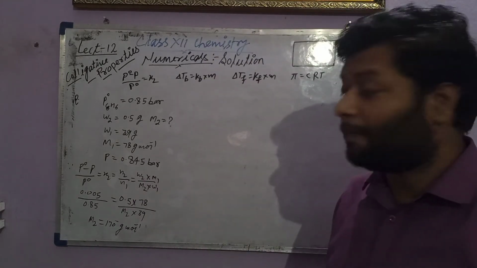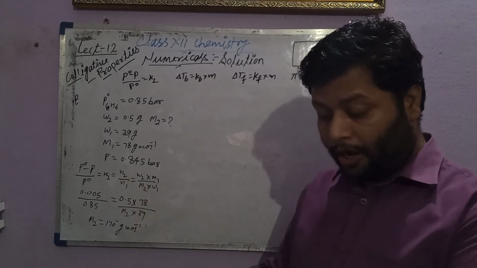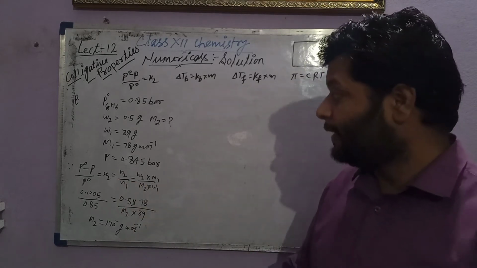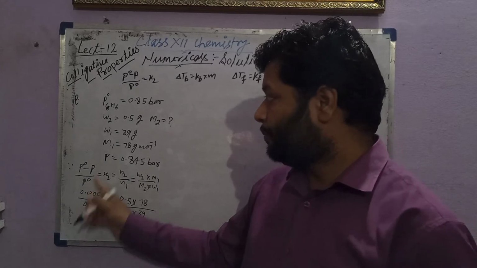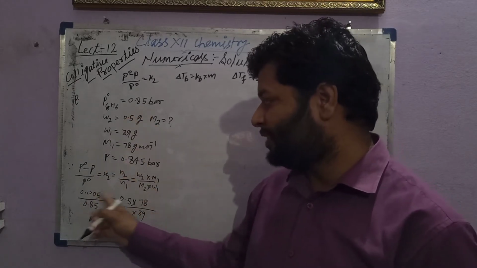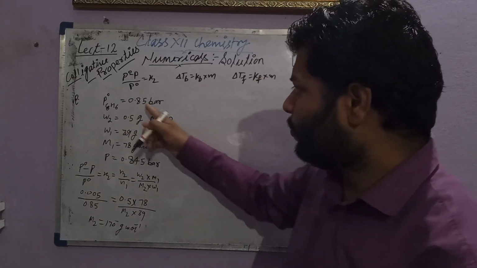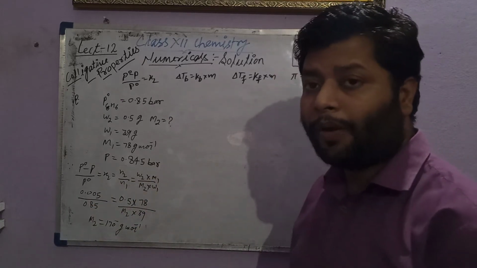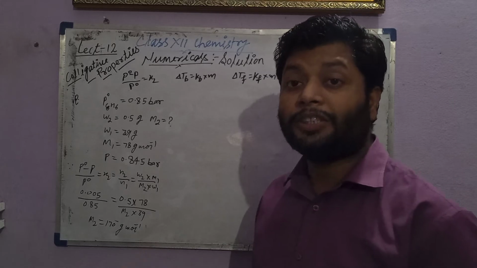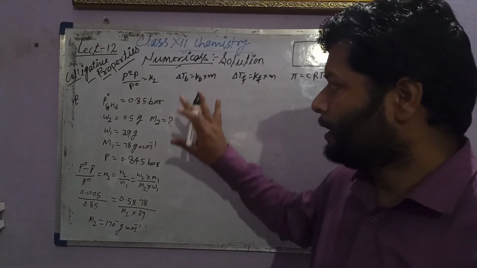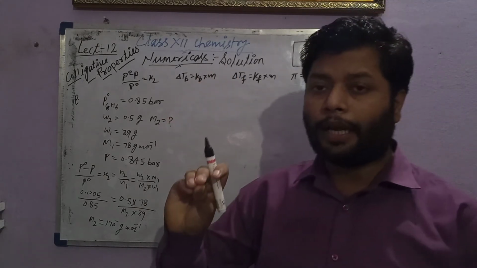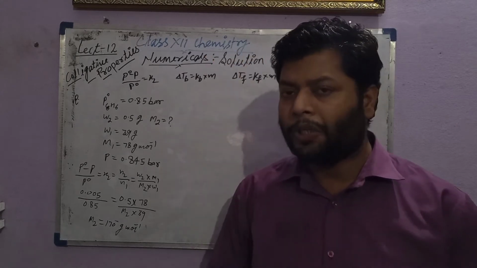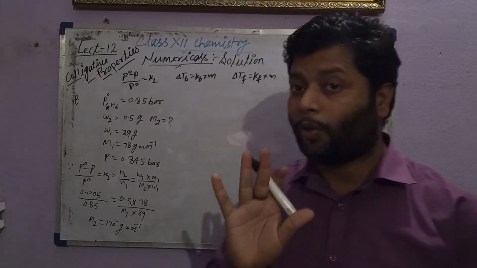You have to go through it very clearly. All the things are given. P naught minus P will be 0.005. Then with the help of this given data, you are able to calculate the molar mass of the solute. This question was totally and strictly based on the formula. No other differences are required.